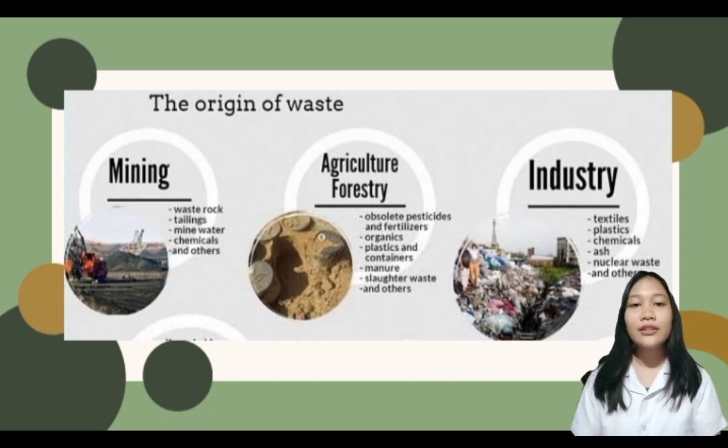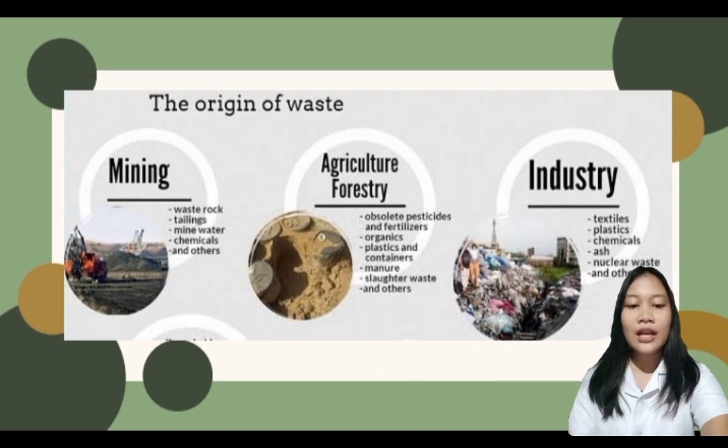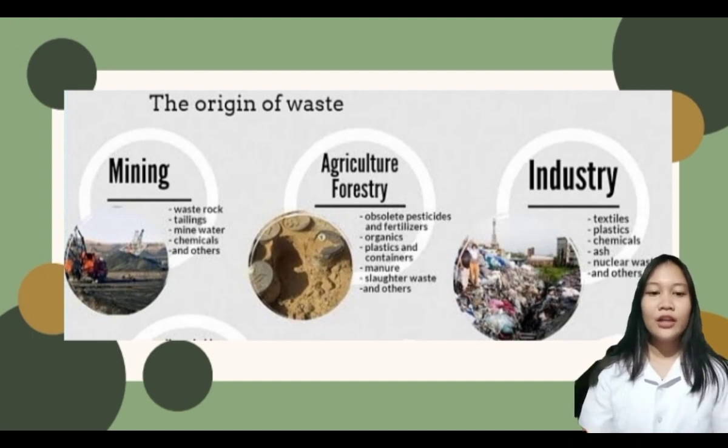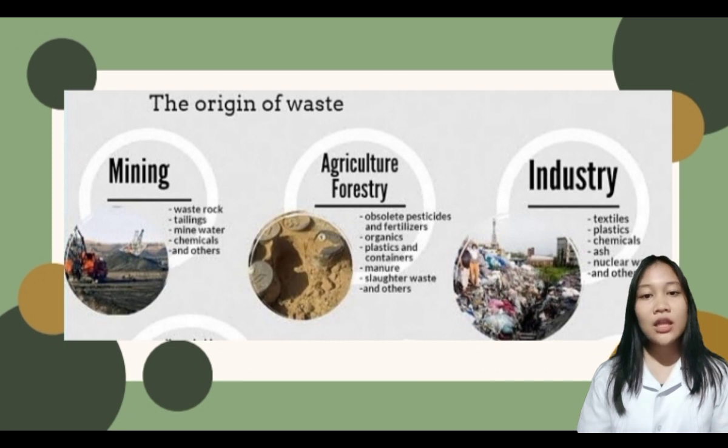Agricultural waste contains obsolete pesticides and fertilizers, organics, plastics and containers, manure, slaughter waste, and others. Industrial waste is composed of textiles, plastics, chemicals, ash, nuclear waste, and others.